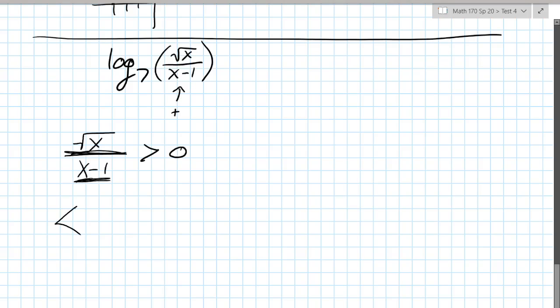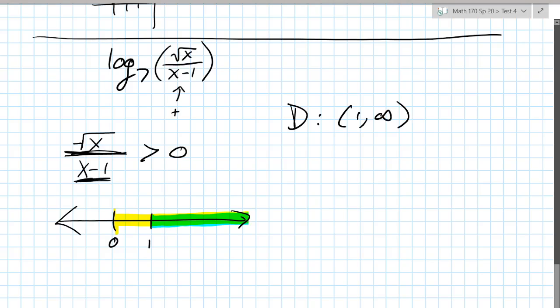So really, if I'm thinking about a number line, the square root will work for 0 and over, but the bottom part will only work for greater than 1 and over. So here's a 1. So our domain is from 1 to infinity.